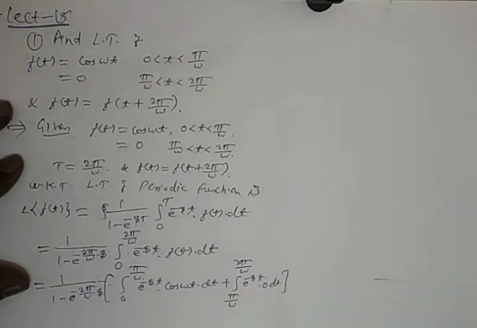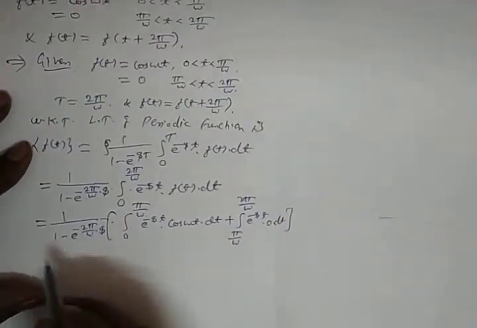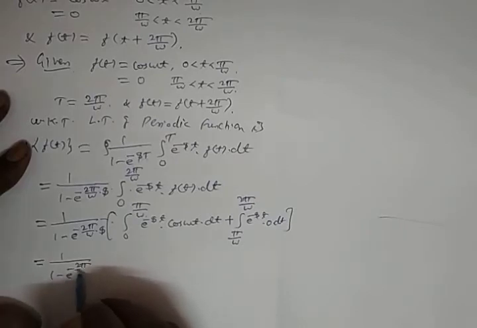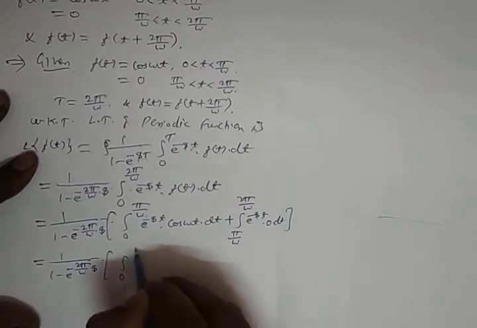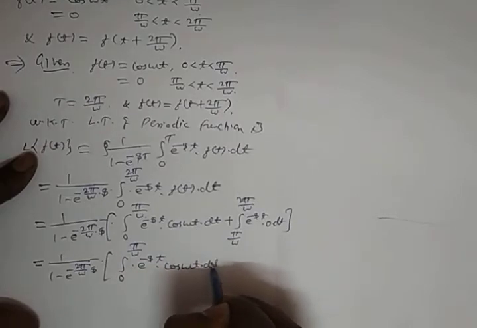As there is 0, this term will definitely become 0. So that is equal to 1 upon 1 minus e raised to minus 2 pi by omega into s, into integration from 0 to pi by omega of e raised to minus st into cos omega t dt.